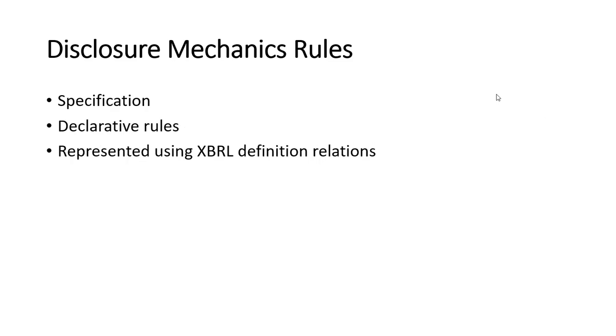So again, it's a specification. It's a set of declarative rules, and it's represented using the XBRL definition relations. What I did is I defined some arc roles, and basically I can create this in XBRL.